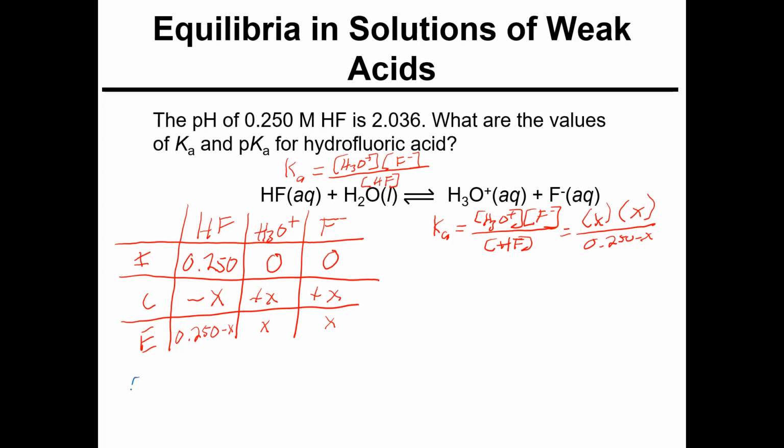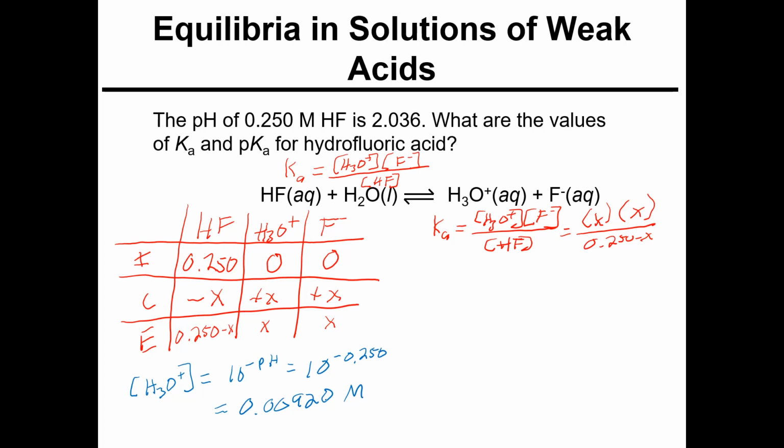So we would have H3O plus is equal to 10 to the negative pH, which is 10 to the negative 2.036. And if you plug that into your calculator, you should come up with 0.00920. And this is the concentration, so it's in units of molarity.